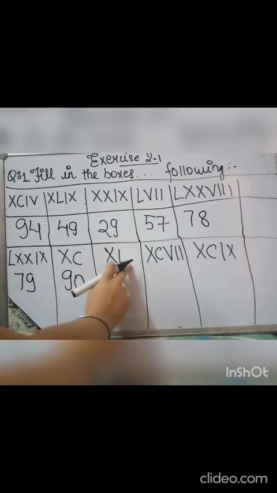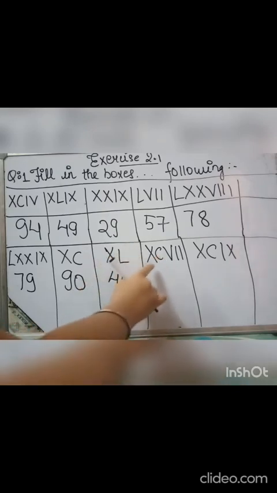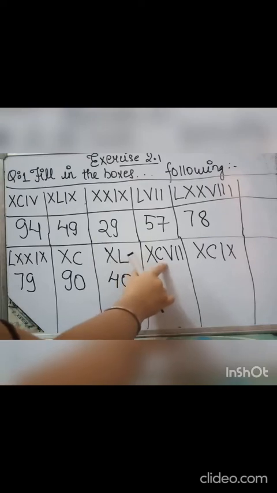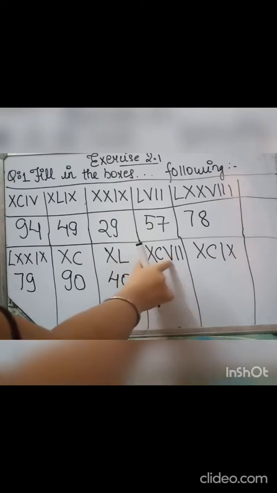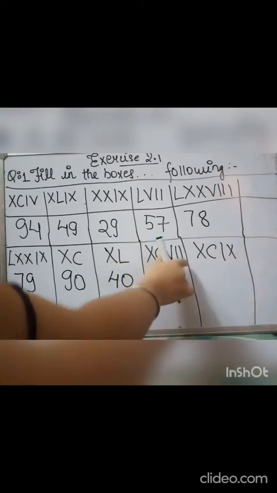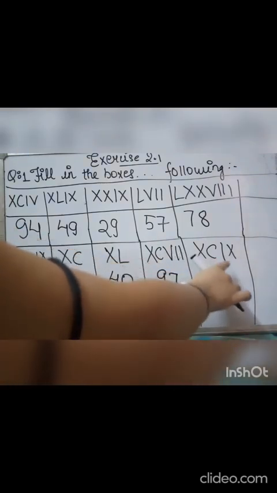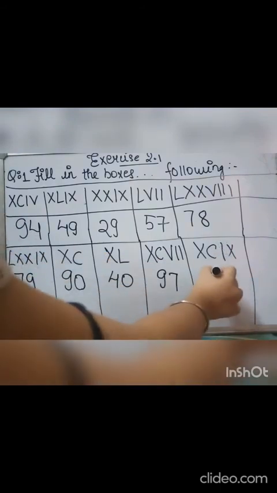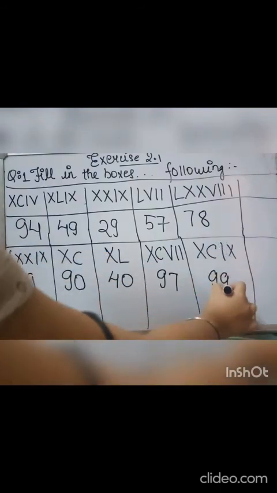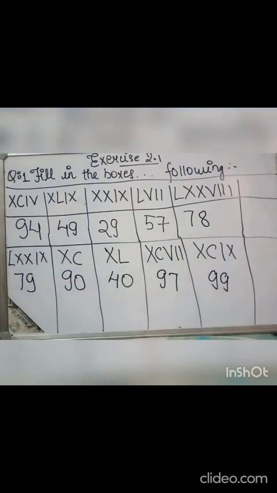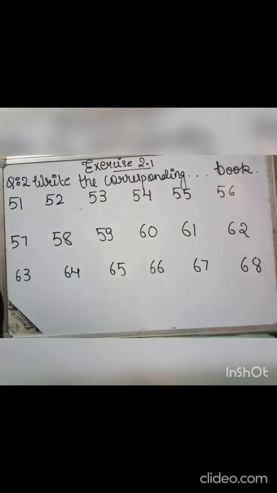So 10 subtracted from 50, which is 40. Similarly, XCVII: XC is 90 and VII is 7, 97. XCIX: XC is 90 and IX is 9, 99.